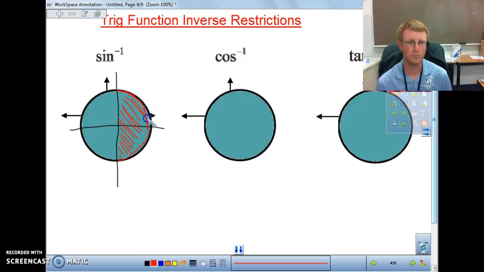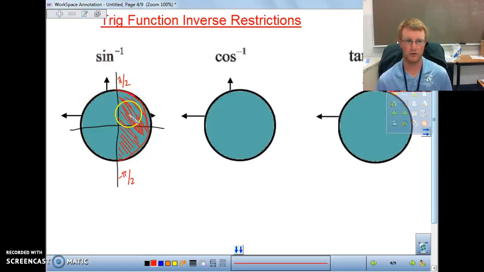That is the only place you can get an answer for an inverse sine. So in the previous slide, where we got an answer in the second quadrant, the calculator will never spit out that answer because it's only defined on the right-hand side of the graph. Basically, we say it's only defined from negative pi halves to positive pi halves. That's the reason why you'll only get one answer when it spits out.